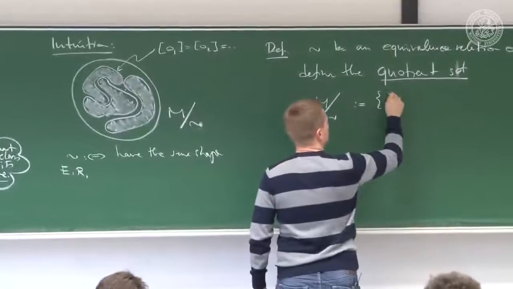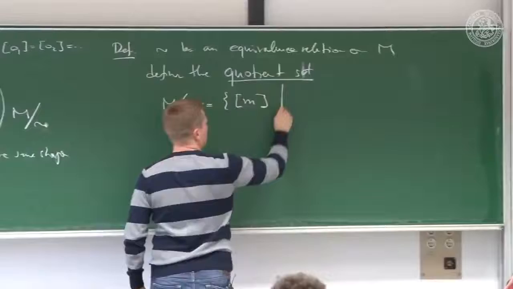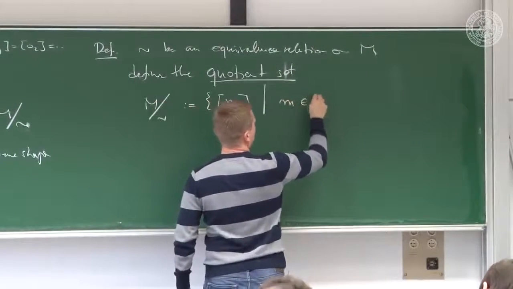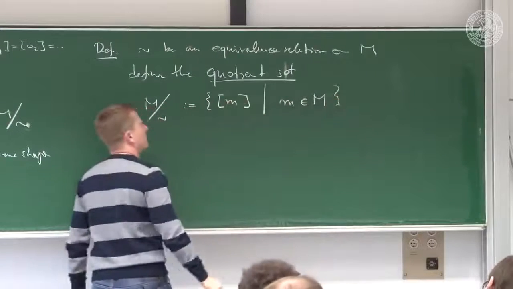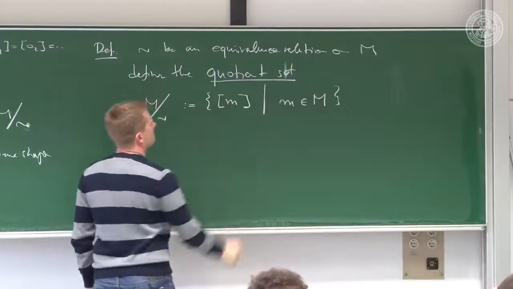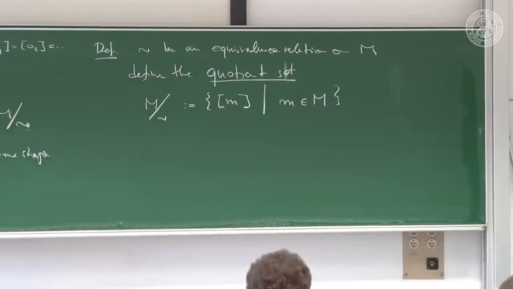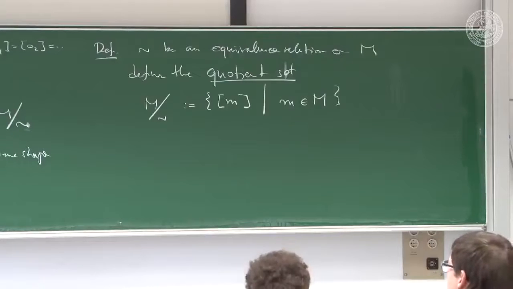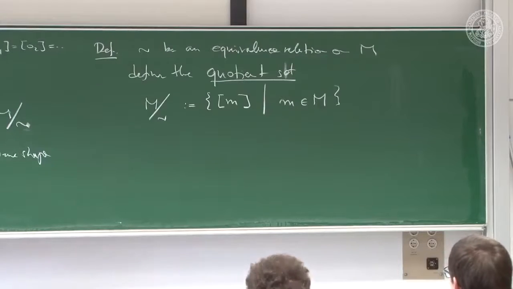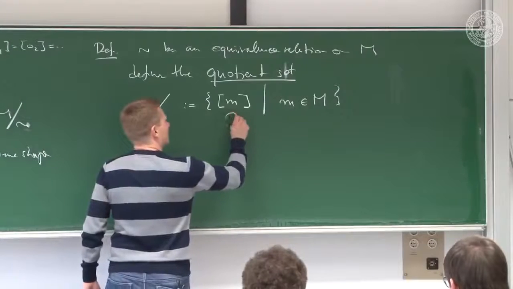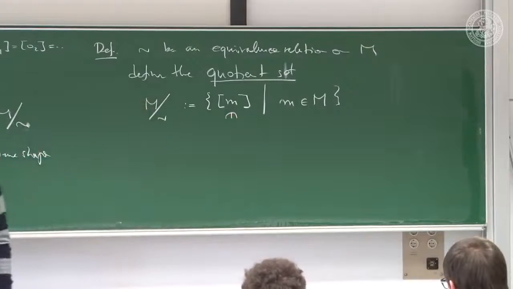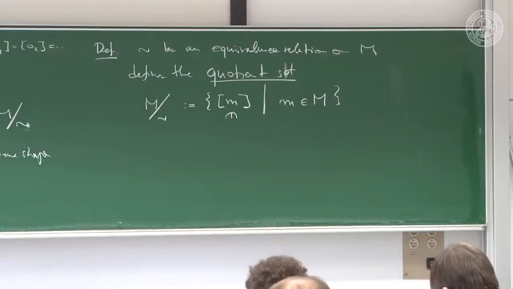And that's the set whose elements are the equivalence classes, for M in M. Why can I do this? Well, where do these classes lie? So this looks like universal comprehension, right? So we need to convince ourselves we can actually build this set. If I write it down like this, it's very likely restricted comprehension, okay? But what is the set that these equivalence classes come from?